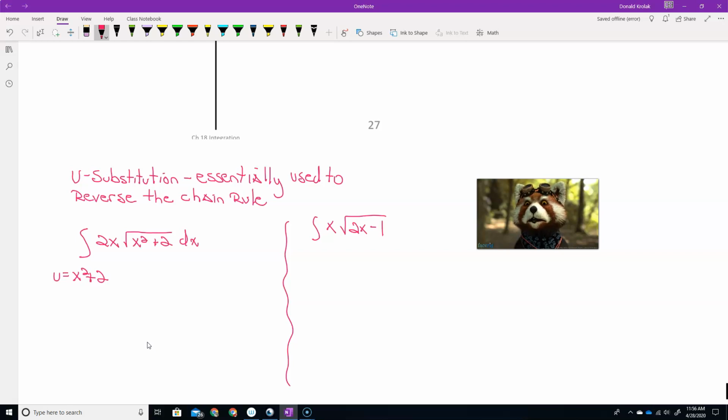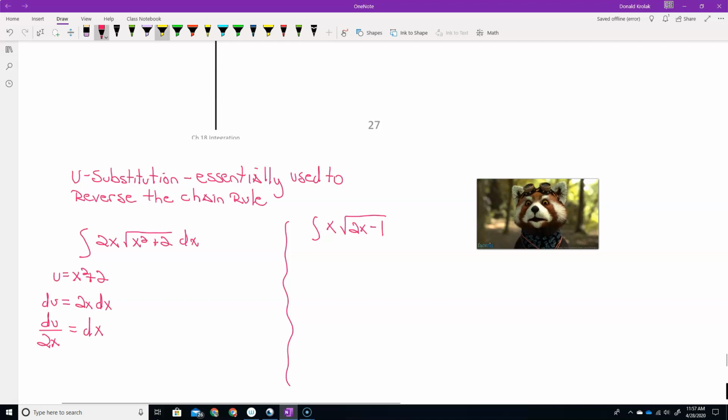Now, what I notice is when I take the derivative, that would be 2x plus 0 dx, and I divide both sides by 2x, I get du over 2x.